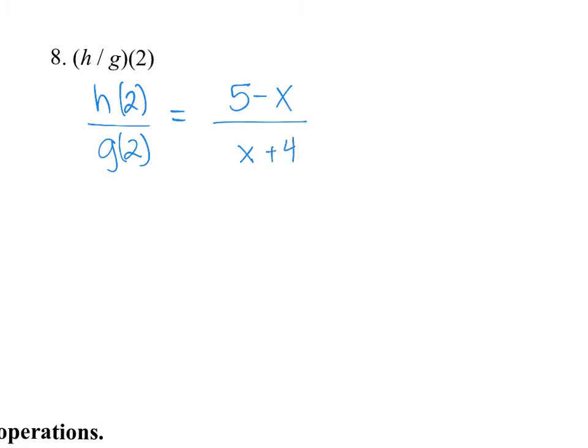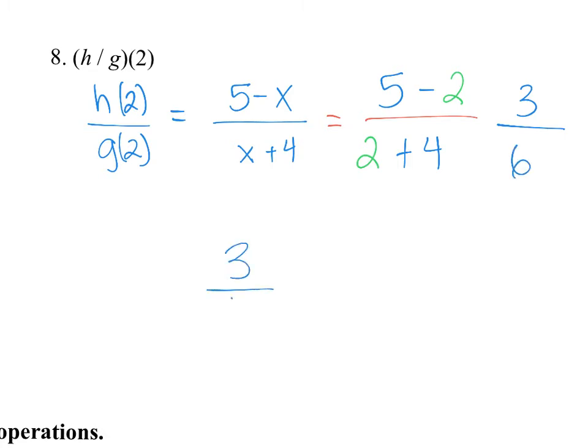Okay, so now we can just plug and chug, okay? So, 5, every time I see an x, minus 2, all over 2 plus 4. What's 5 minus 2? What's 2 plus 4? Just gave you the answer.